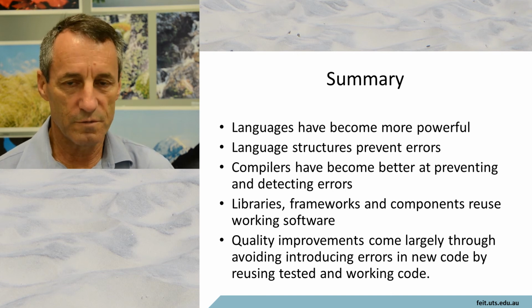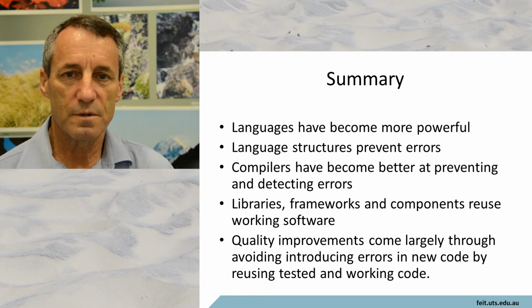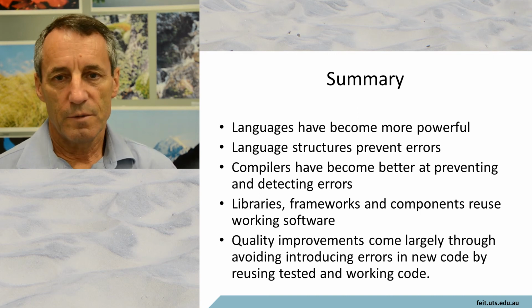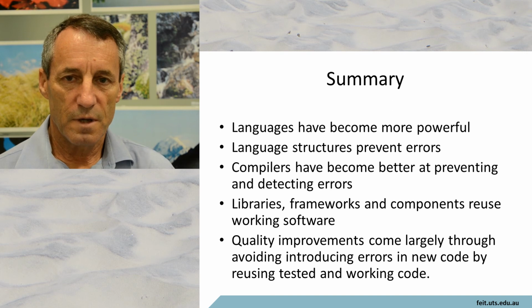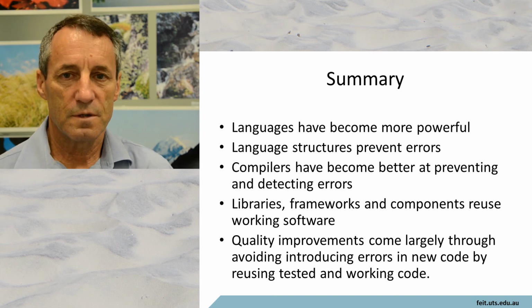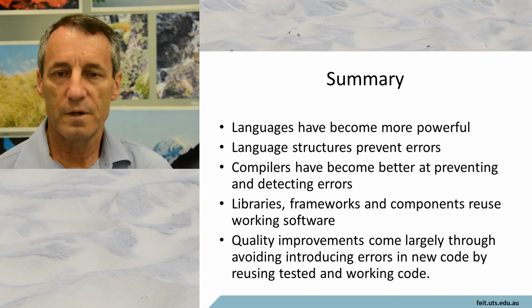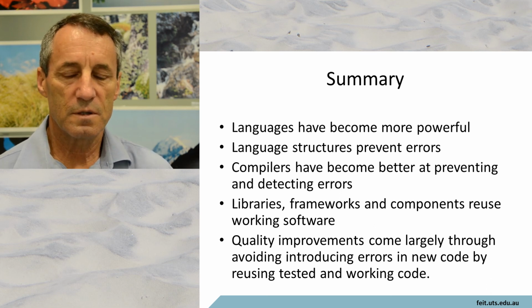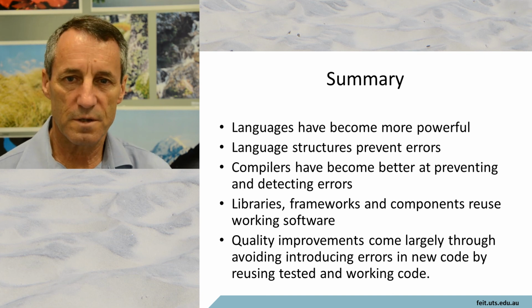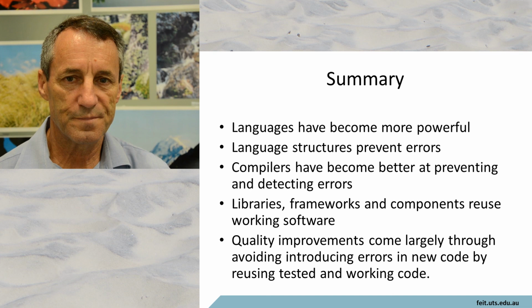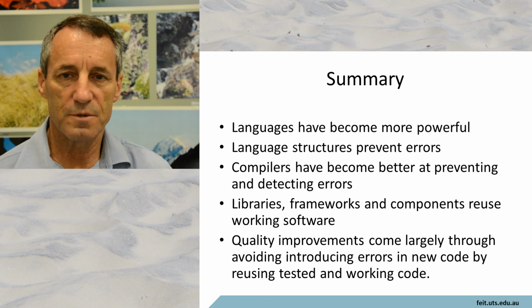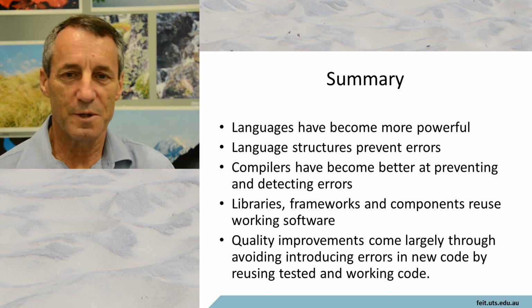Even so-called very small computers these days are quite powerful compared to what they were. So the more powerful languages tend to take care of more of the details and essentially prevent errors by not allowing them in the first place. So we're tending to get fewer errors of, say, syntax, fewer errors of minor misjudgments. And we still get other errors, but we get fewer of those.